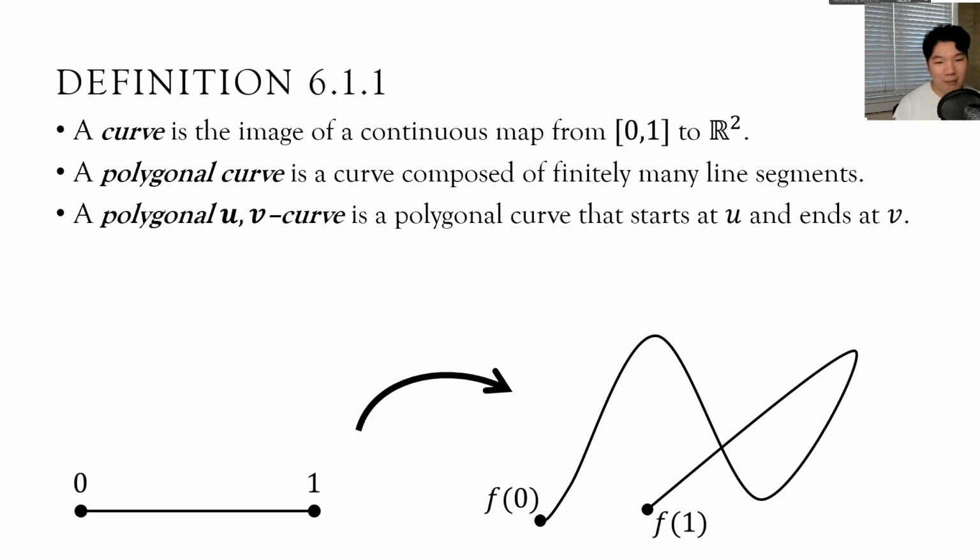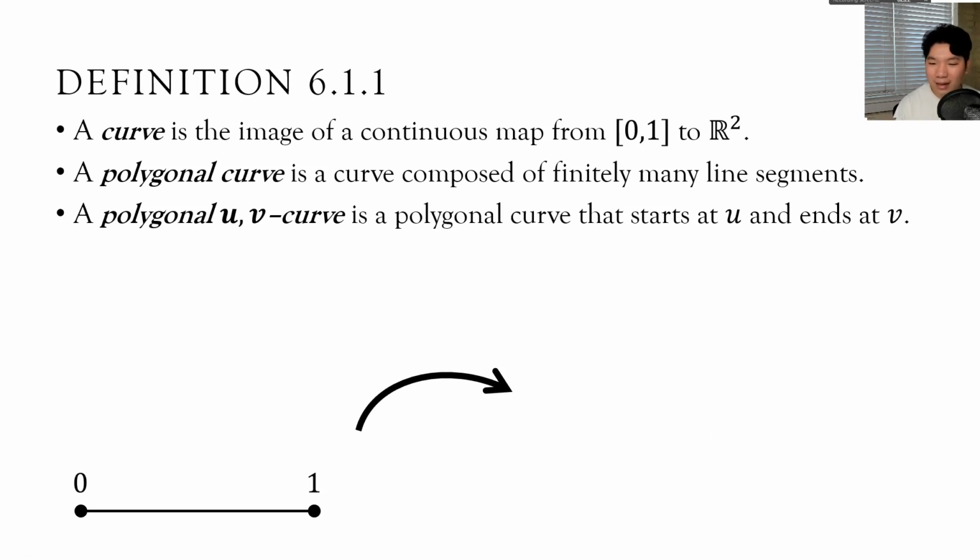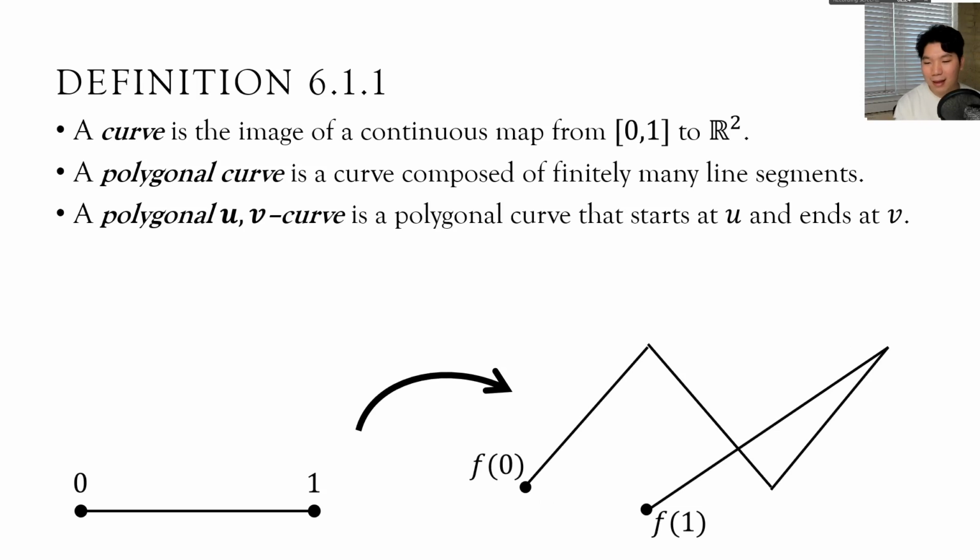Instead, a polygonal curve might look something like what I have here. You can see that each part of my curve consists of straight line segments exclusively. And if I want to be exact, I could say a polygonal UV curve. This is just a polygonal curve where I start at the point U and I end at the point V, very similar to when we talked about a UV path.